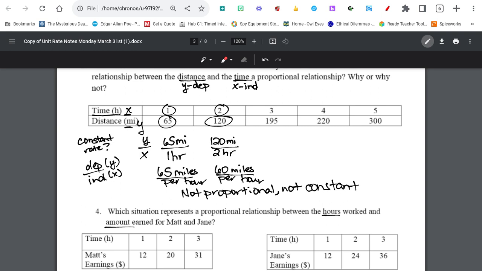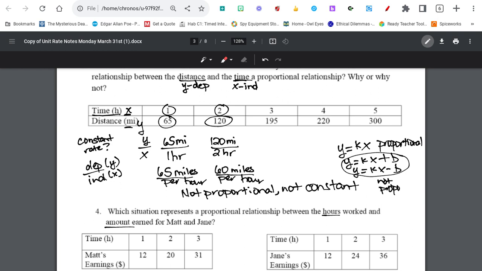Since it's not proportional, I'm not going to worry about writing an equation. If I write an equation of something proportional, it'll be like that. This represents something proportional. Something that's not proportional would be something like this. It'll have something added to it or something subtracted from it. If it's like that, it's not proportional.